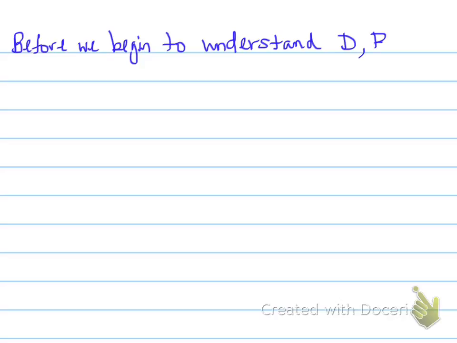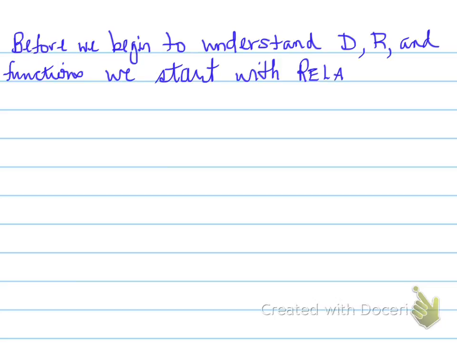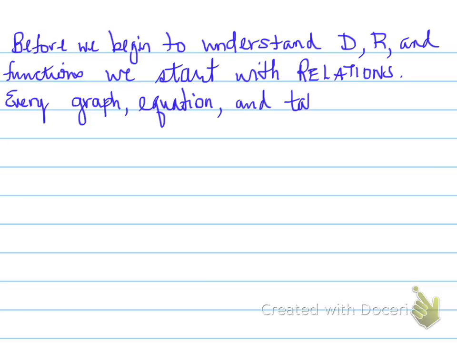All right. Now, before we begin to understand domain, range, and functions, we have to start with the idea of what a relation is. What is a relation? A relation is every graph, every equation, every table of values. In fact, we're going to even see another one called mapping notation, which is known as a relation.